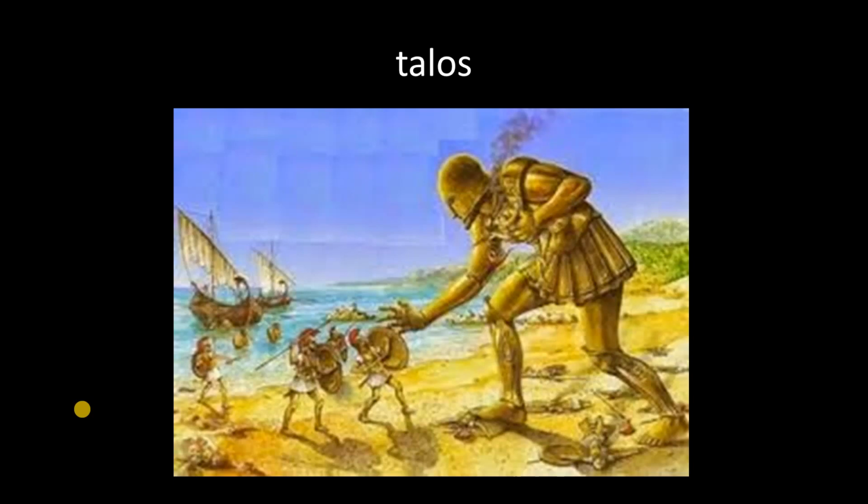That means it's from very ages before. Talos is actually an Iron Man. It's a Greek mythological story about an Iron Man, which is not actually a robot. It was made for protecting the people of the island of Crete.